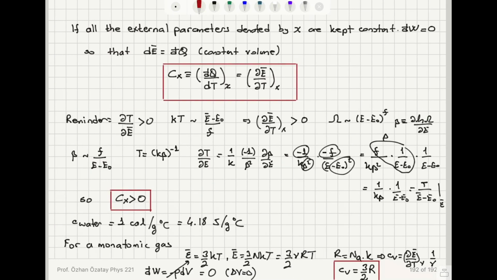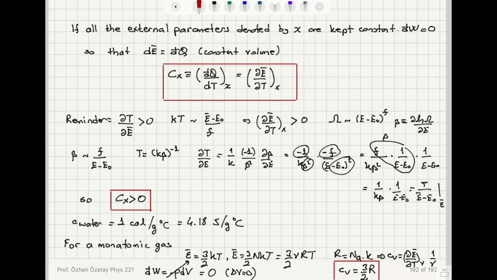And when all external parameters are kept constant so that the work done on the system is 0, đQ is equal to dĒ. In that case, the heat capacity is the derivative of the mean energy of the system with respect to temperature, and the temperature derivative with respect to mean energy, or the reverse, is always positive.